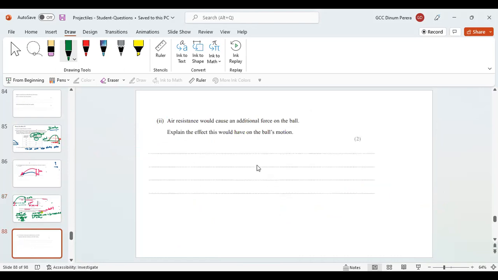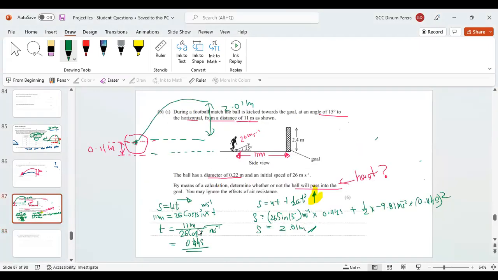Air resistance would cause an additional force on the ball. Explain the effect this would have on the ball's motion. If it is air resistance, it is opposite to the motion of the ball. So in the horizontal direction, the ball would not be able to maintain its constant velocity. So it will decelerate.